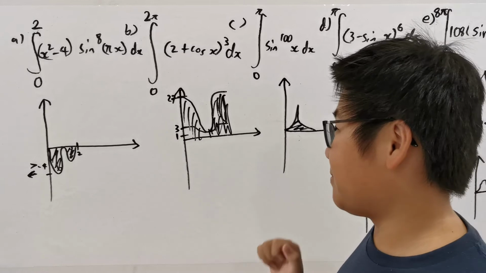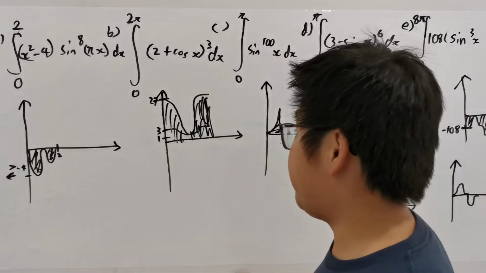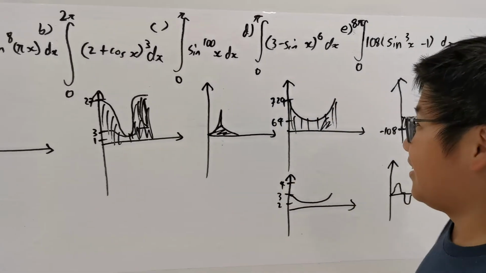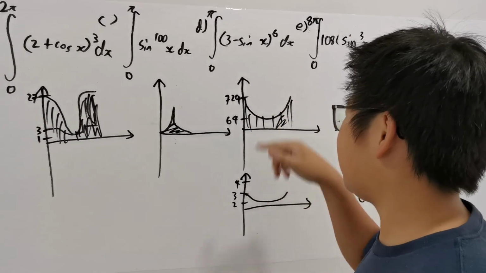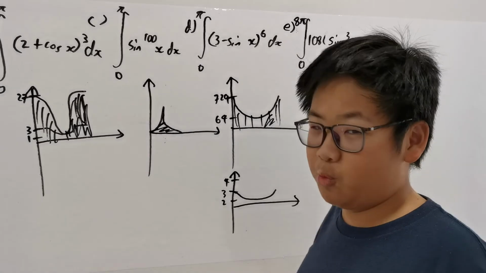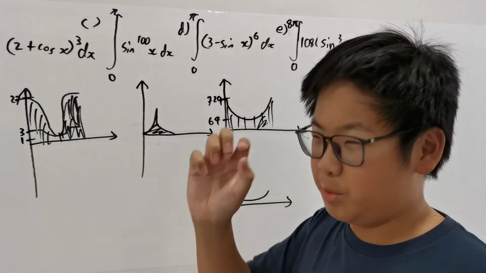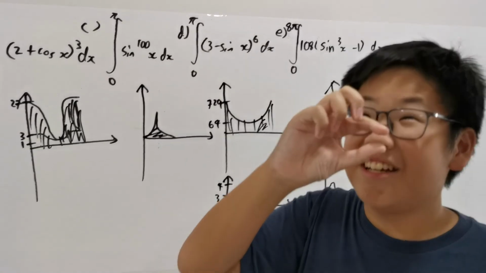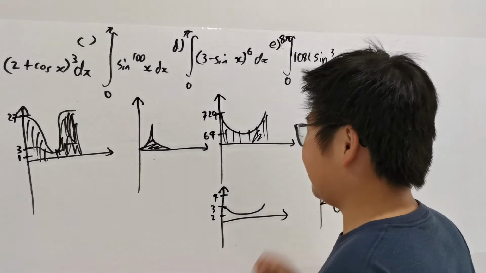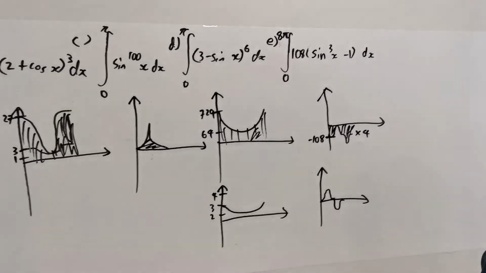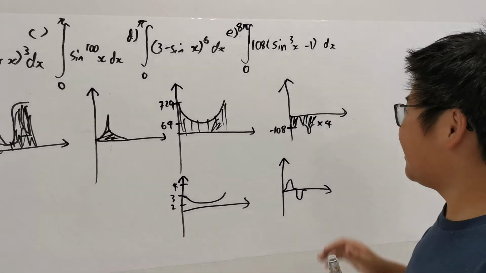Graph B has a maxima at 27 and a minimum at 1, so it's quite big. C is a pinhead. D is an outrageously large area, which if one unit was this large, then it will cover almost 7.5 meters of volume, which is quite large.